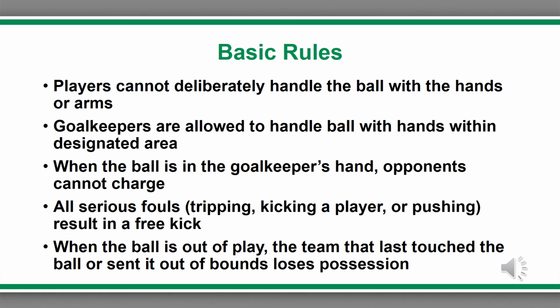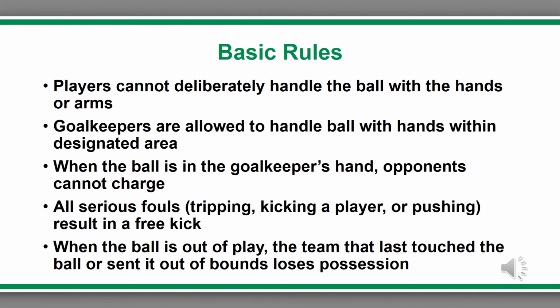On page 658, they talk about some basic rules for soccer. So you need to understand that the players cannot deliberately handle the ball with their hands or arms. The only person that can do it is the goalkeepers, okay, within their designated area. So if you're not playing a regulation soccer game, you may not even have goalkeepers, okay?